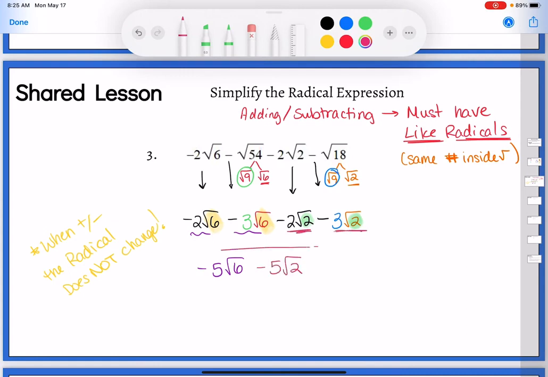So I have negative 5 radical 6 minus 5 radical 2, and you could put those in whatever order you wanted to. You could have the negative 5 radical 2 first, and then the negative 5 radical 6. Just be careful that your negatives line up with the terms that you want. Okay, so adding and subtracting, you have to have like radicals, which means you got to simplify those radicals first.